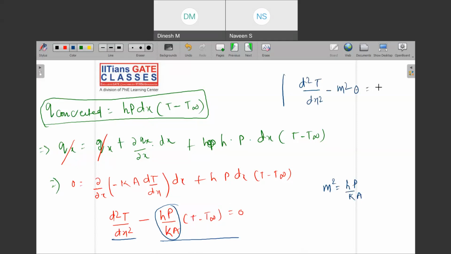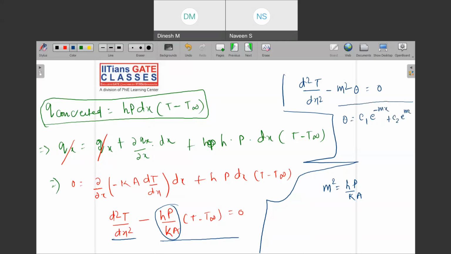Now you know how to solve the differential equation. The solution is theta equal to c1 e to the power minus mx plus c2 e to the power plus mx.